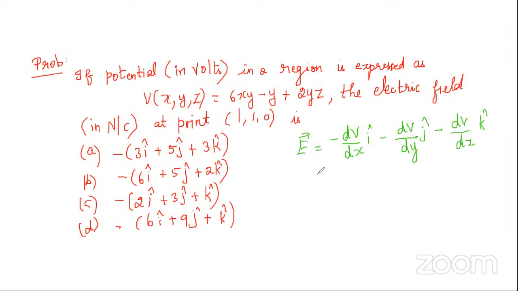You can take this minus as common within the bracket: dou V by dou x i cap plus dou V by dou y j cap plus dou V by dou z k cap.